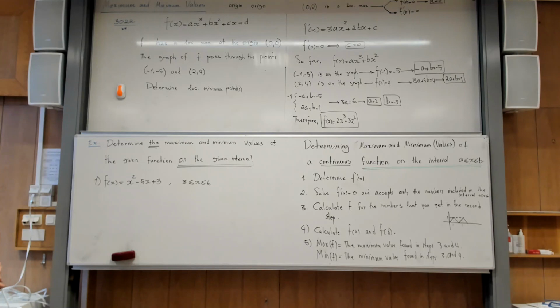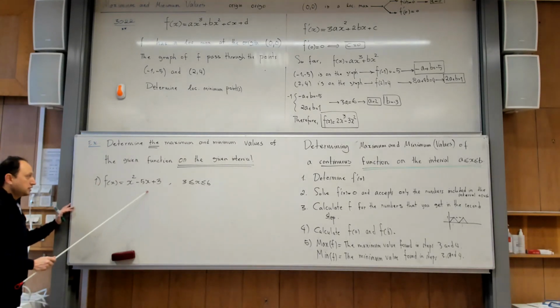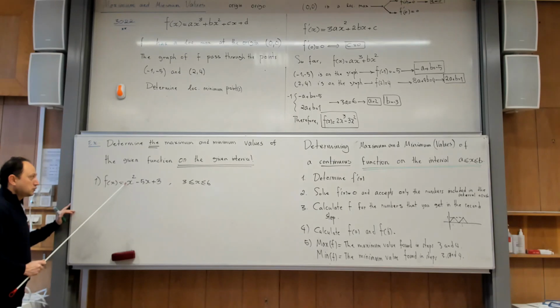So let me remind you again, don't get confused. What type of function is this? It's a quadratic function, so it's a parabola. What type of parabola, opening up or down? Opening up, yes? Because this one is positive.